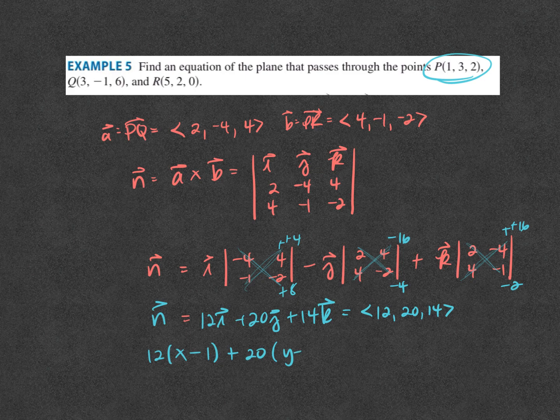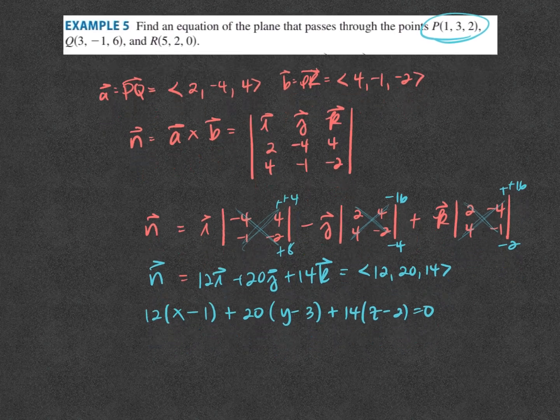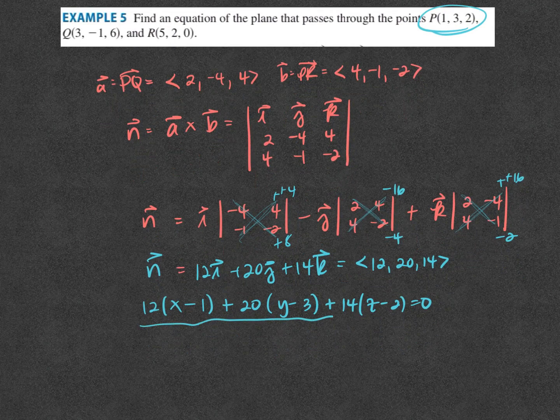And we have y minus the y value of 3 in the point, plus 14 times z minus 2 equals 0. So that is our point, and they're probably going to want it in the other form. I'm sorry, this is our equation of the plane.